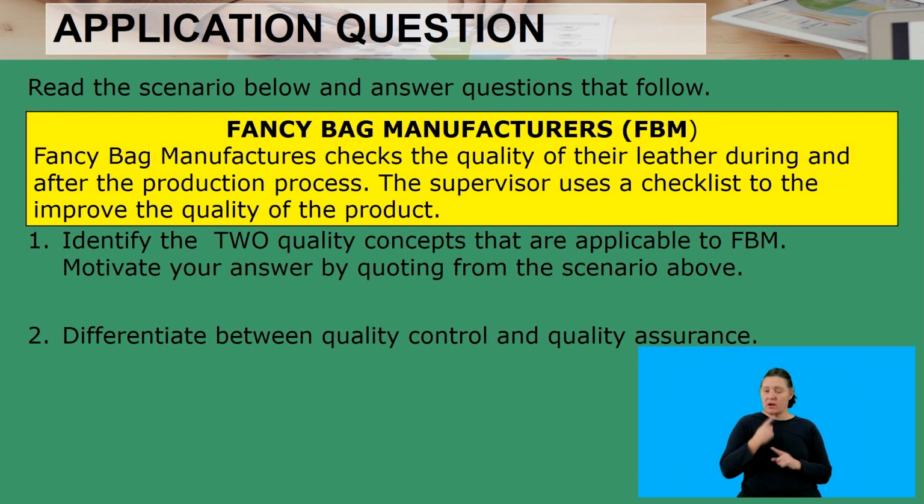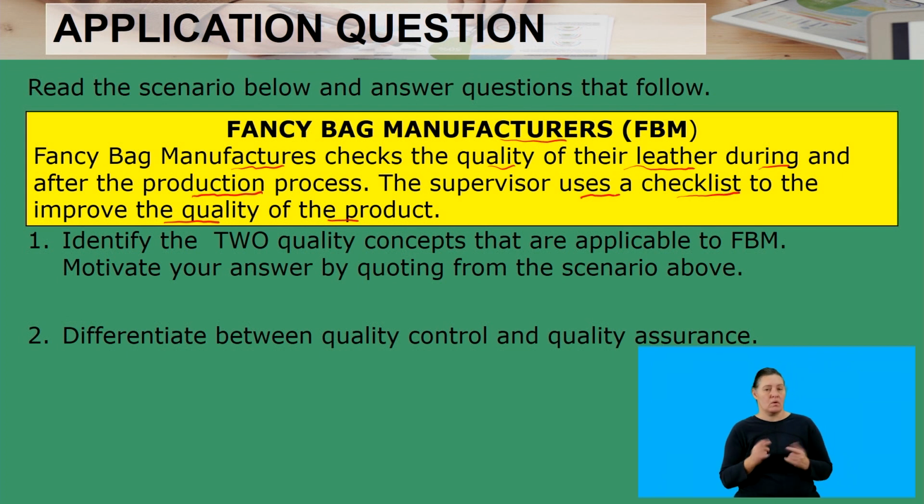Our scenario is based on Fancy Bag Manufacturer, FBM. Fancy Bag Manufacturer checks the quality of their leather during and after the production process. The supervisor uses a checklist to improve the quality of the product.